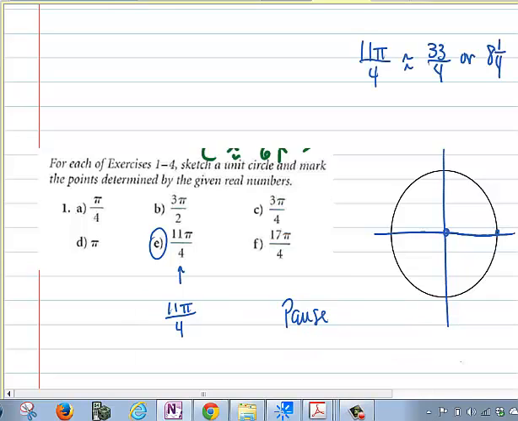Okay, well, we're back. And so here I took 11 pi over 4. I thought of pi as being approximately 3, so I got 33 over 4 radians, which is about 8 1/4. So what this means is I went 8 radius lengths. So here's my first radius length, here's my second one, here's my third, fourth, fifth, sixth, seventh, eighth would be over here.